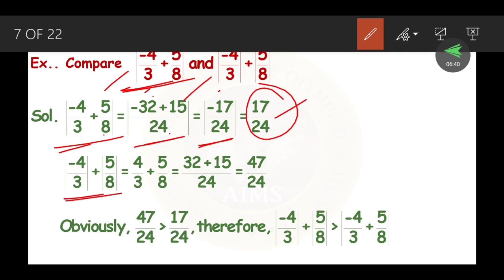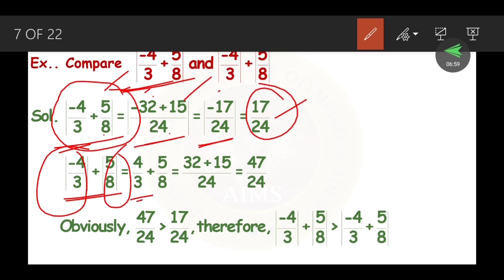Second one, same rational numbers, but here they have given the modulus separately. In the previous example, after adding them they gave the modulus symbol, but here the modulus symbol is given first, and after that they are added. So 4 by 3, 5 by 8, we take the LCM and get 47 by 24.